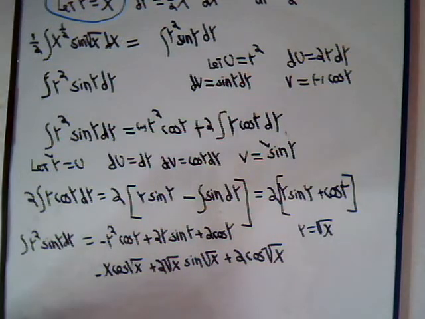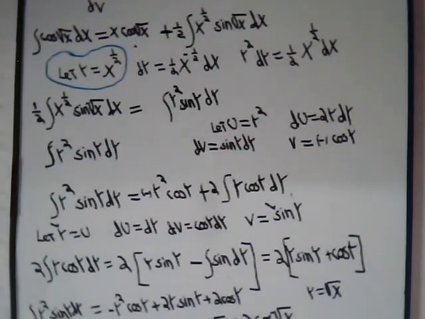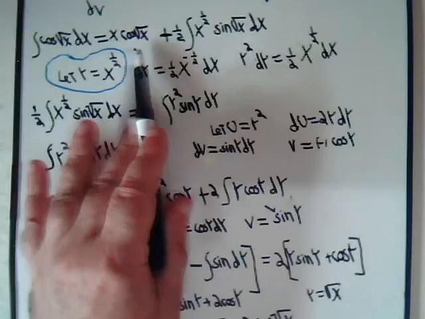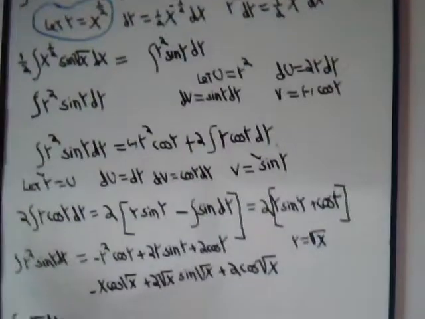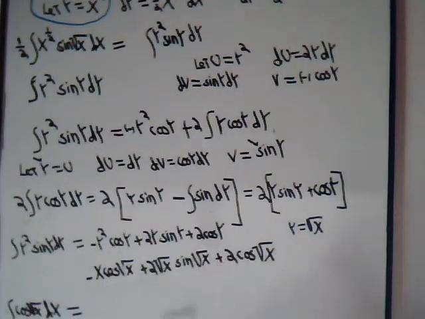So we're going to have the integral of the cosine of the square root of x dx equals this term plus all of these terms.